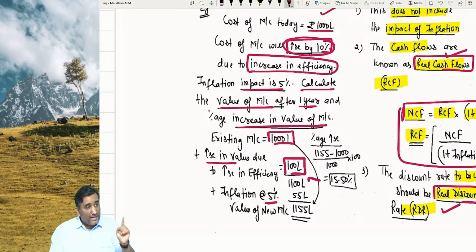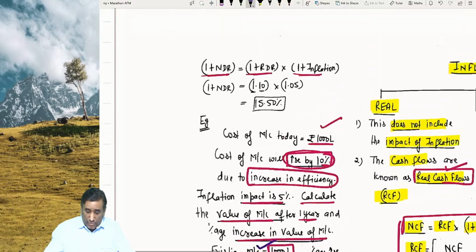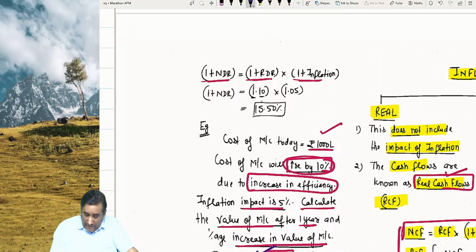That means you are adding the impact of inflation on the original machine plus the real terms which have increased. Understand the formula also. That means the inflation of 5% is added on this 1 rupee also, which is the principal, plus that real 10%. That is the reason.